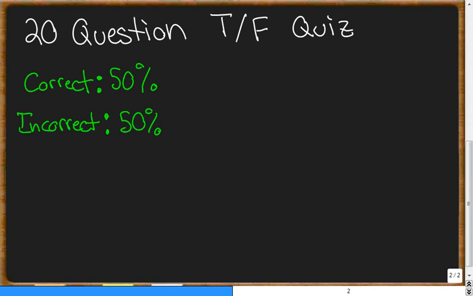Well, we need to assign probabilities to each of these. So I'm going to randomly pick 0 or 1.